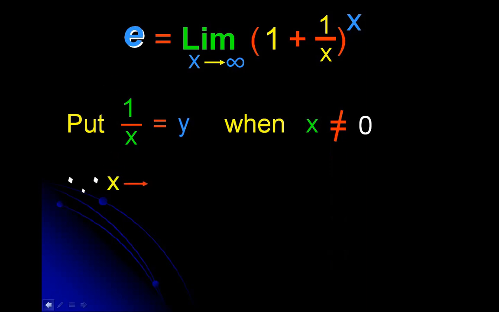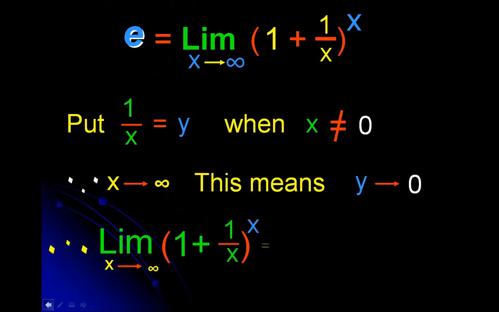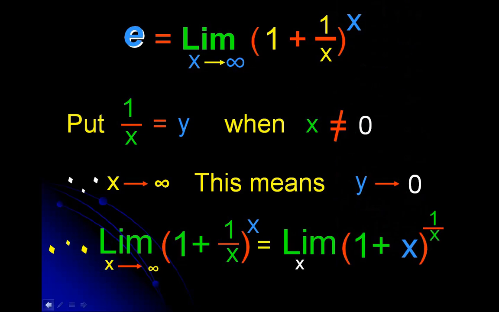Since x tends to infinity, this means y tends to 0. Therefore, the limit of (1 + 1/x)^x as x tends to infinity equals the limit of (1 + x)^(1/x) as x tends to 0.